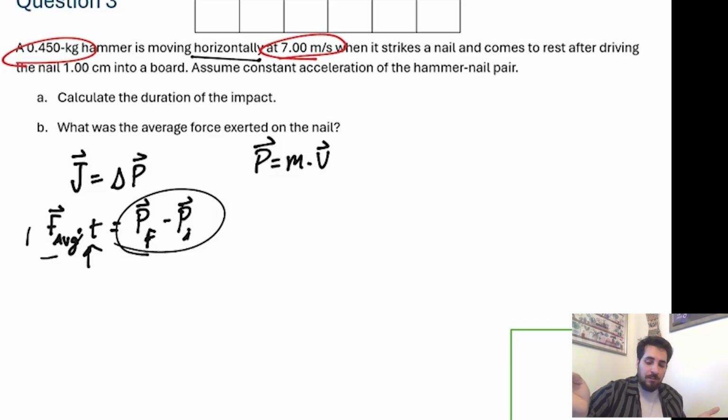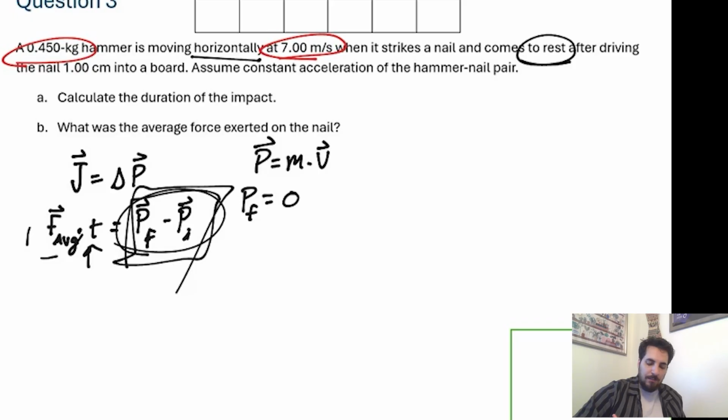We have enough to calculate the momentum before the impact, before it collides with the nail. And then after it comes to rest, my final momentum must equal 0. So this means I have enough information to find my change in momentum.